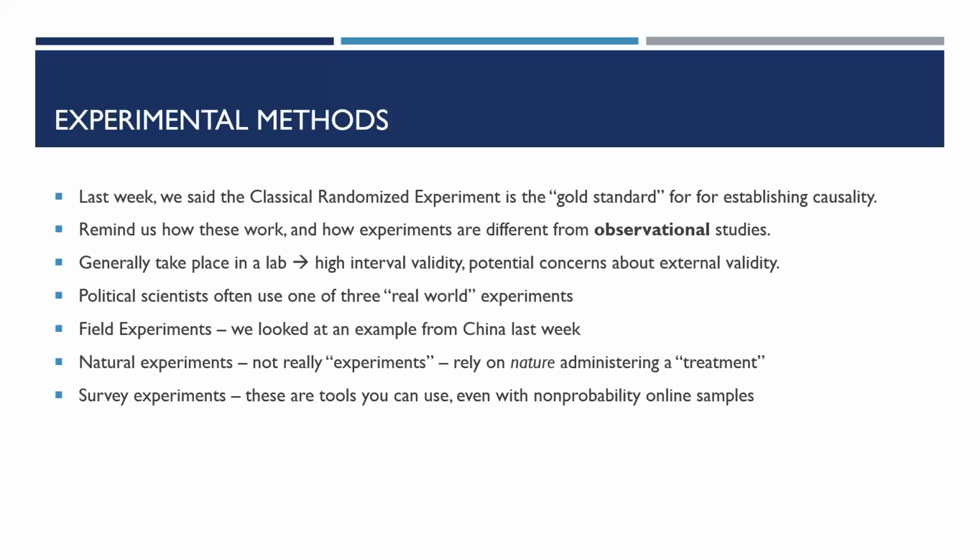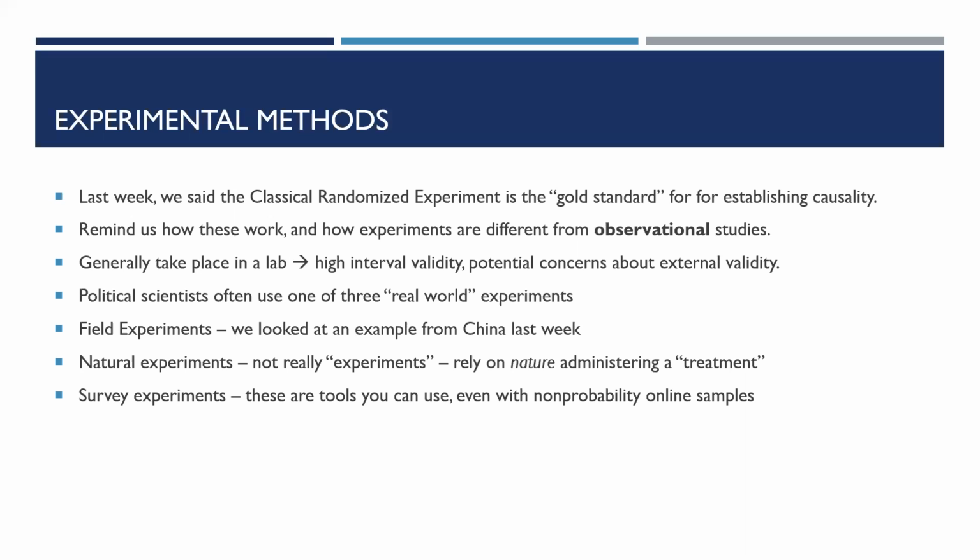And then the other main type of experimental method that's becoming increasingly prevalent in political science is the survey experiment. And this is largely because of technological innovations. Online platforms like Qualtrics, SurveyMonkey, these make it really easy to randomize things and administer experimental treatments embedded in an online survey.